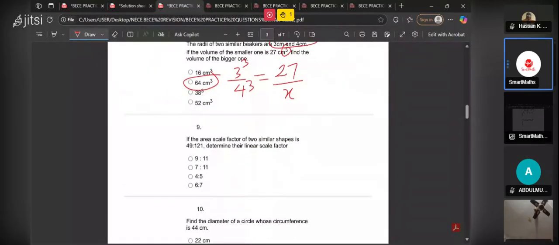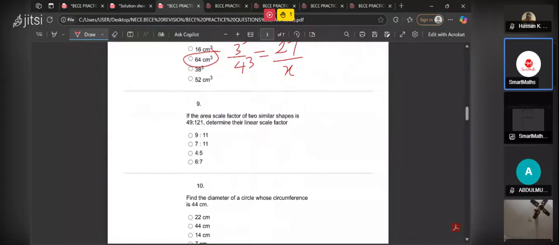Now, this also: if the area scale factor of two similar shapes is 49 to 121, so this is area. You can see the area scale factor is 49 to 121. You now want to get the linear scale factor. When you go from linear to area, we square.